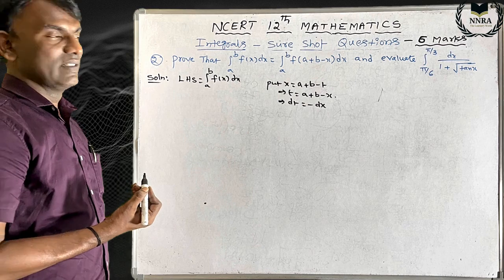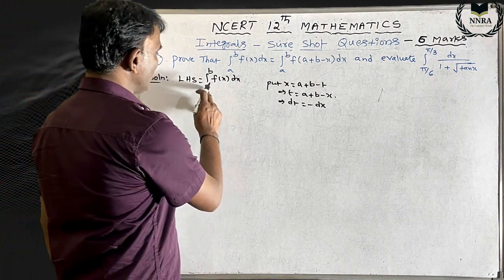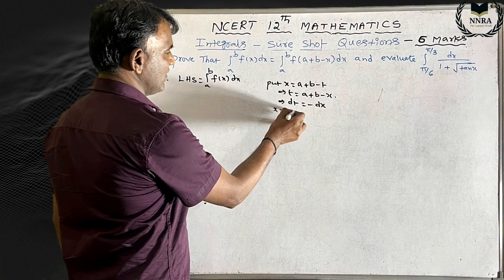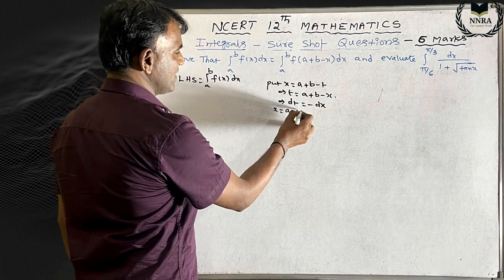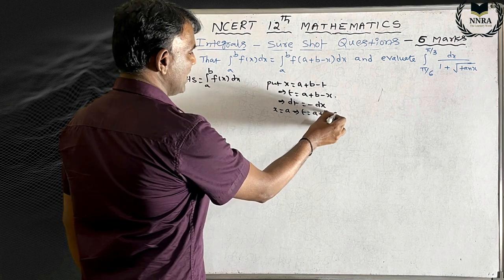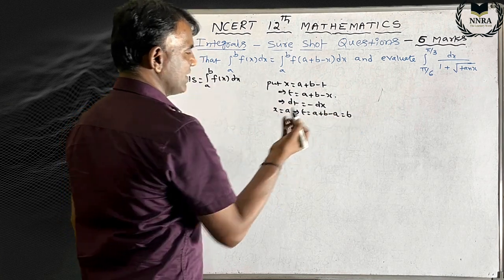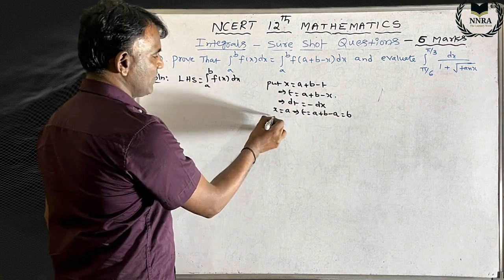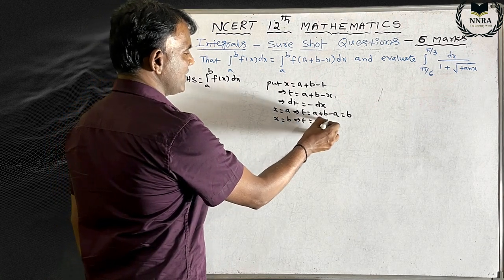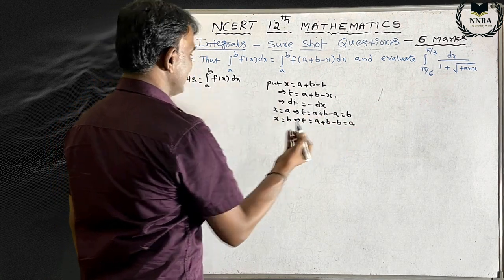Right? After this, what is the lower limit? x equals a. If x equals a, what is the value of t? t equals a plus b minus a, that is b. Now the upper limit x equals b, then t equals a plus b minus b, that equals a.